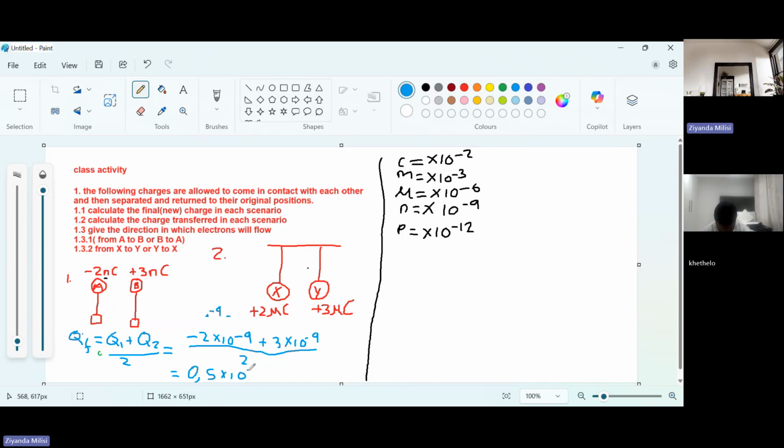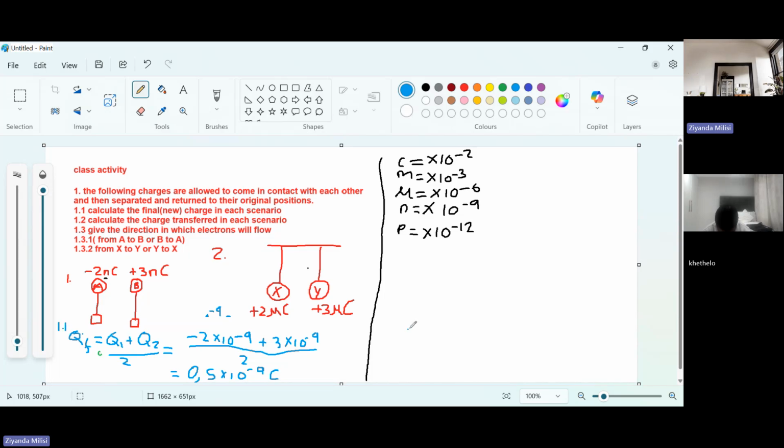Do you agree that your answer is the same as this one? Yes, ma'am. Okay, that is for scenario 1.1.